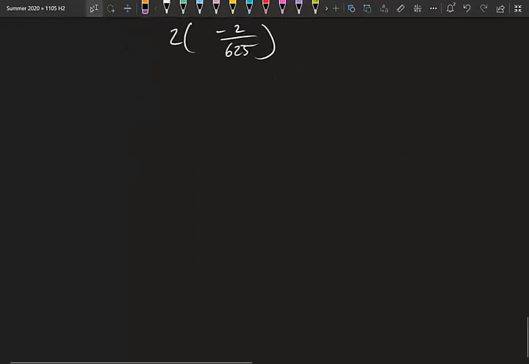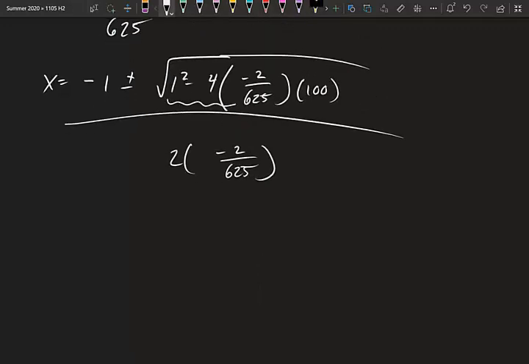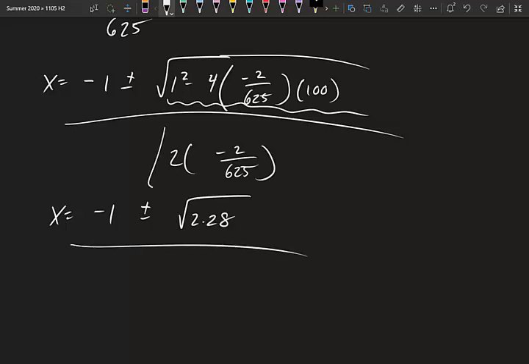Alright, so I'm going to simplify the inside using my calculator. Now, you know how to add things. If you didn't, we wouldn't be in college algebra. So we have x equals negative 1 plus or minus the square root of 2.28, over, now I simplify this with my calculator, and we get negative 0.0064.